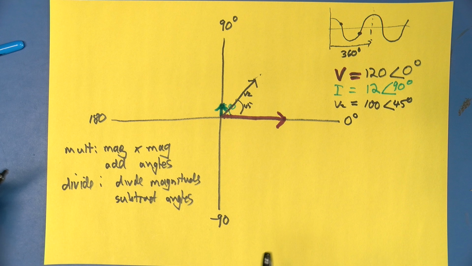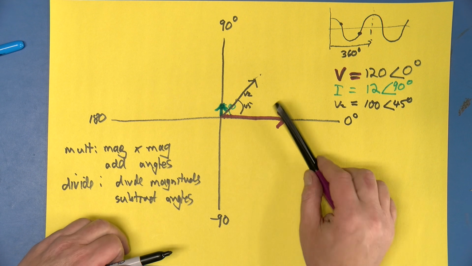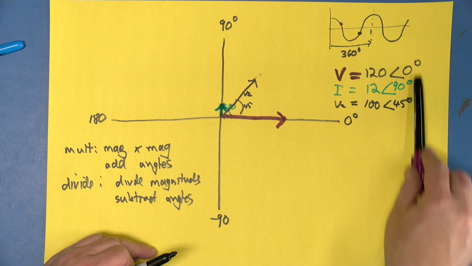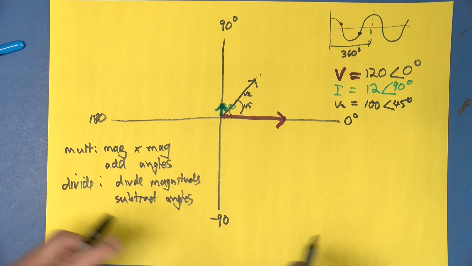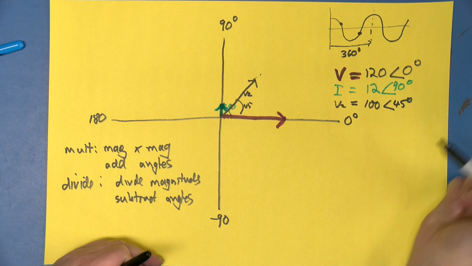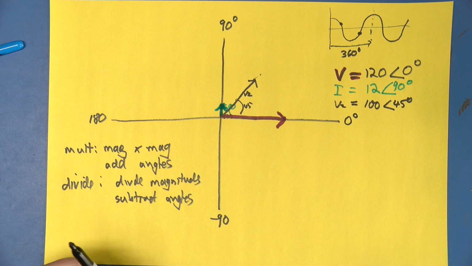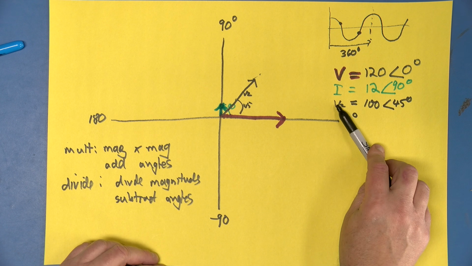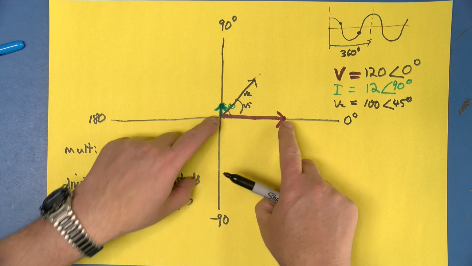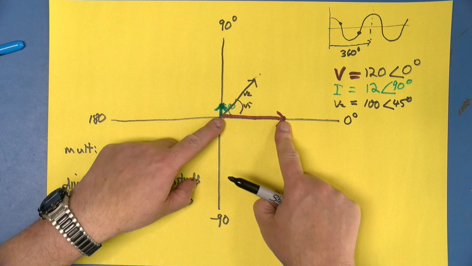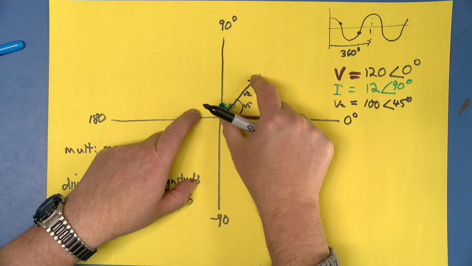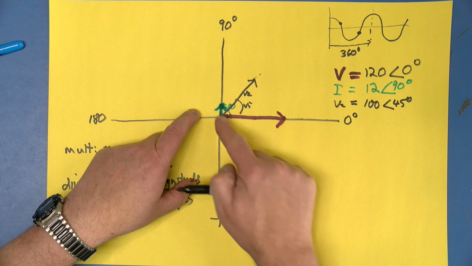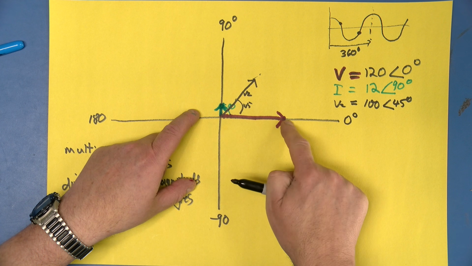All right, the unfortunate thing is, if we want to add or subtract things, it's a little bit harder in this phasor format because we can't easily add them. So what we have to do is add them graphically. If we wanted to take this voltage and add it to this voltage, we would take this arrow and leave it where it is, and we would take this arrow and line it up so that its start is where this arrow ends.